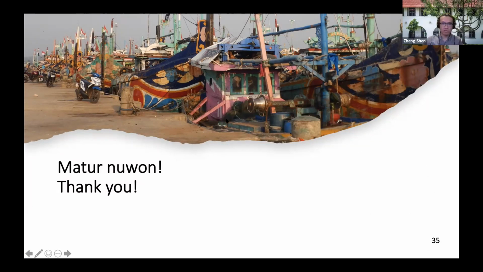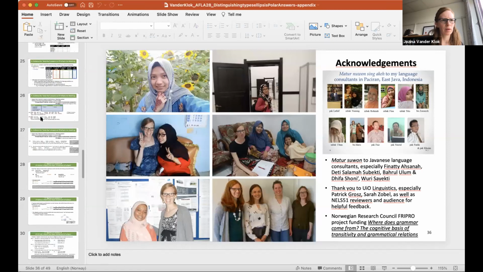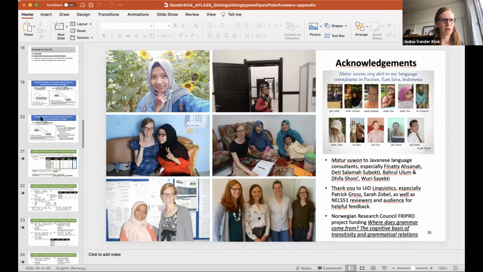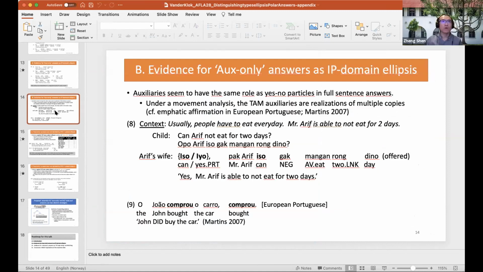Thanks for the talk. I just have a small clarification question regarding the second argument for the first part. I think it's around page 14. Right.